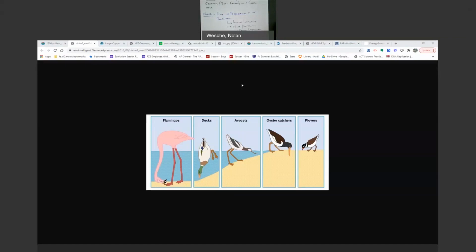So the niche here would be this bird, this avian species that feeds on invertebrates or animals, organisms that dwell right here on the intertidal zone. So a flamingo is going to only use part of the niche.